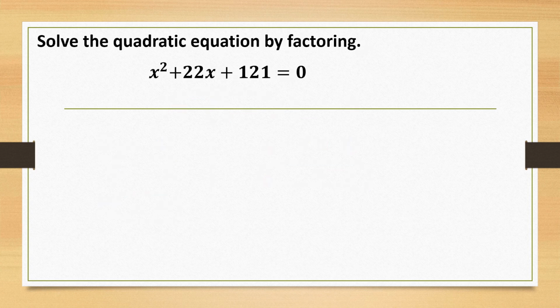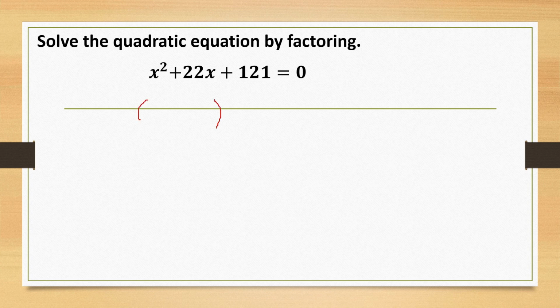Next, x squared plus 22x plus 121 is equal to 0. The trinomial x squared plus 22x plus 121 is an example of a perfect square trinomial. Remember that the factors of a perfect square trinomial is simply the square of a binomial.